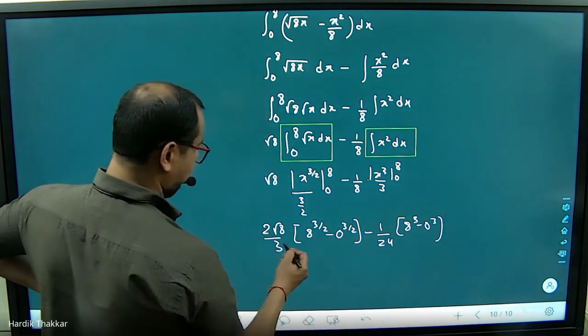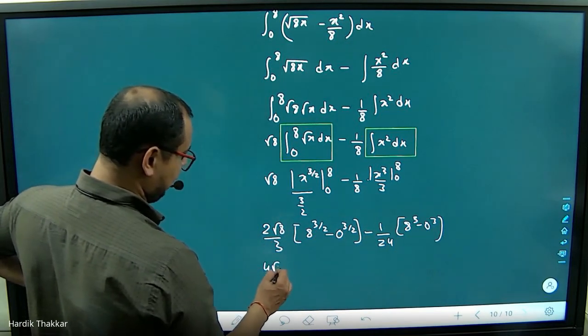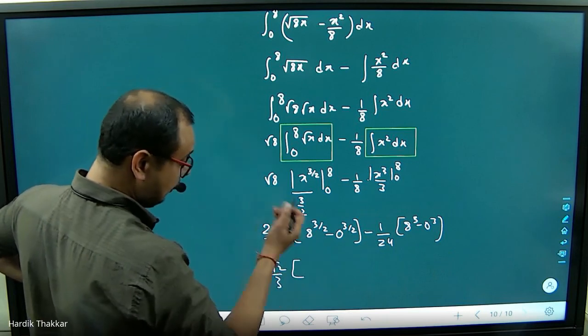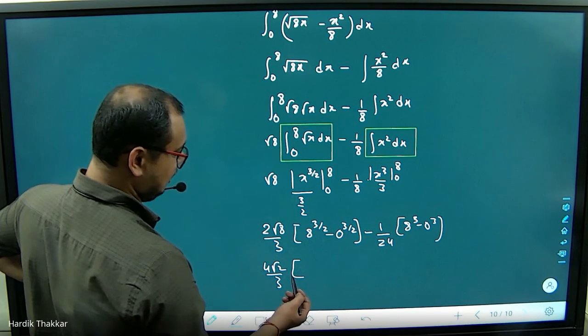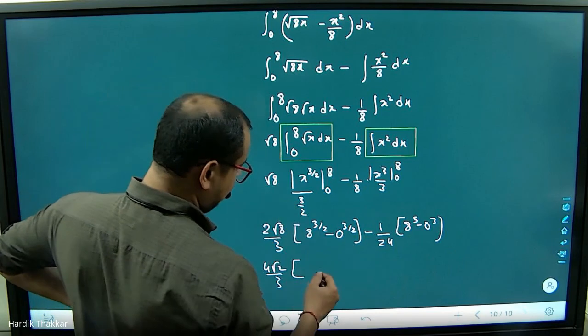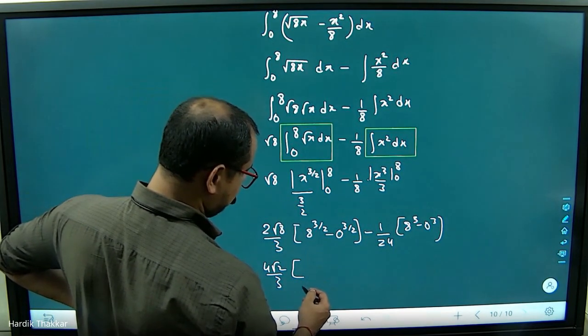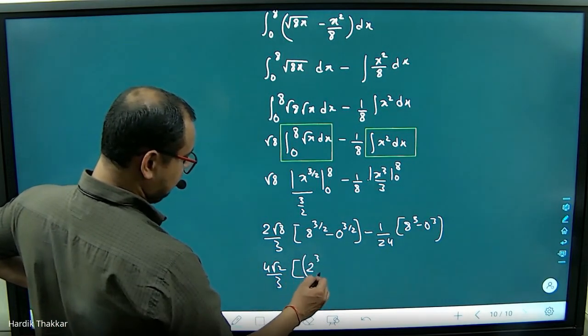Further, here we can write √8 as 2√2, so it will be 4√2 divided by 3. And for this term, 8 raised to power 3/2, what can we write? We can simplify it like 2√2 whole raised to power 3, or we can write 2 cube raised to power 3/2.